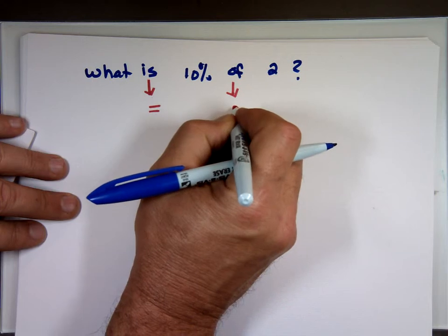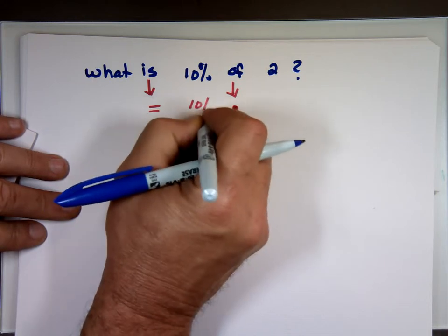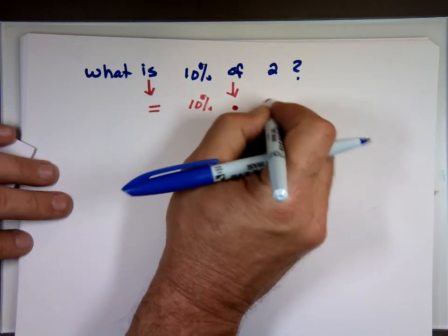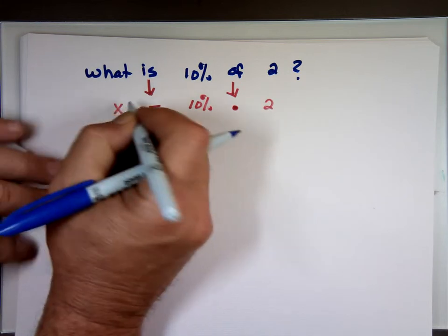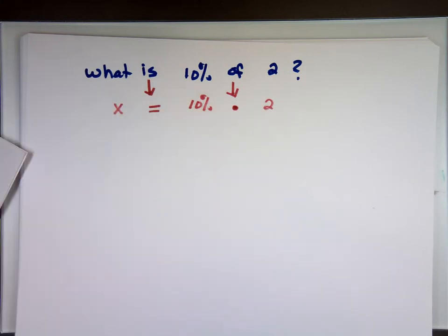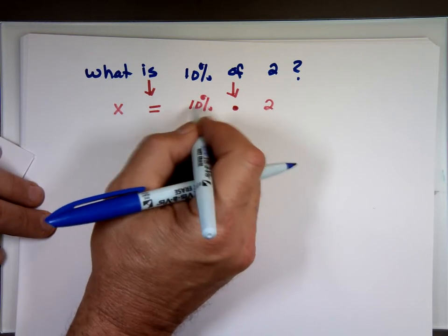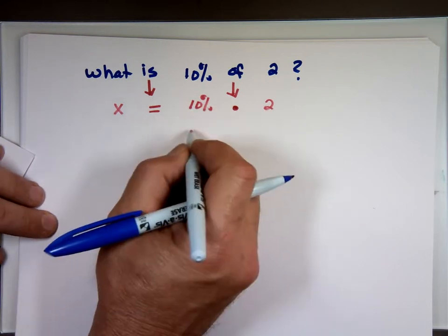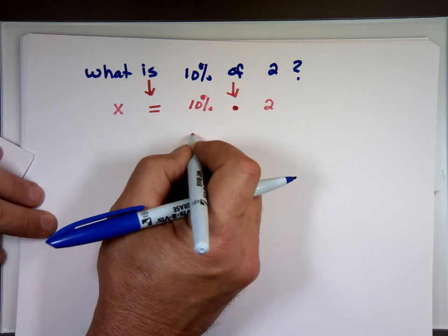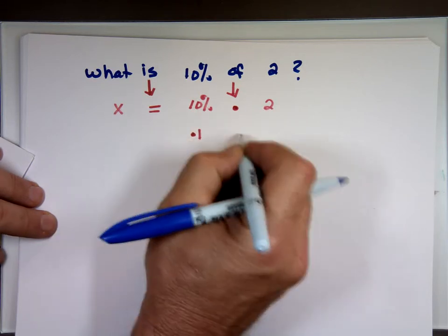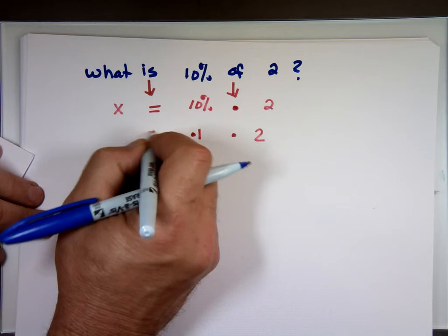Multiply. 10% times 2 equals what? X. And that won't be done because you got to convert that number to a decimal number. What's 10% as a decimal number? 0.1 times 2 equals X.